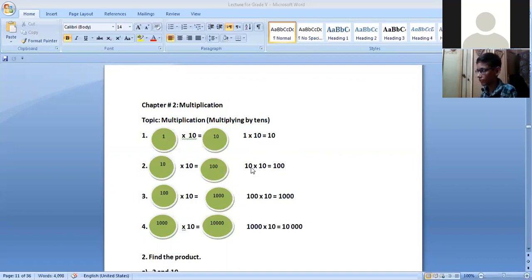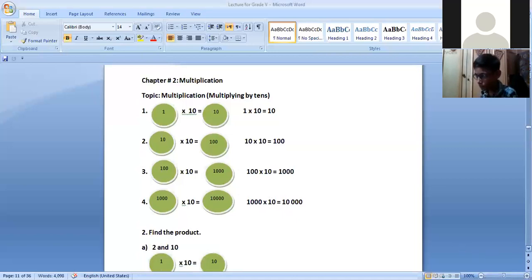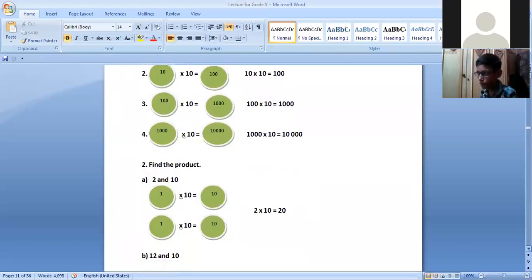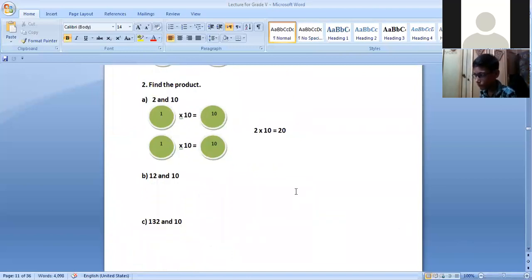When you multiply 10 by 10, the answer becomes 100, which means 2 zeros are involved. Here we have 100 times 10, which is 1000, like 3 zeros, so we write 1 with 3 zeros. And in the last, 1000 multiplied by 10 becomes 4 zeros with 1, 10,000.